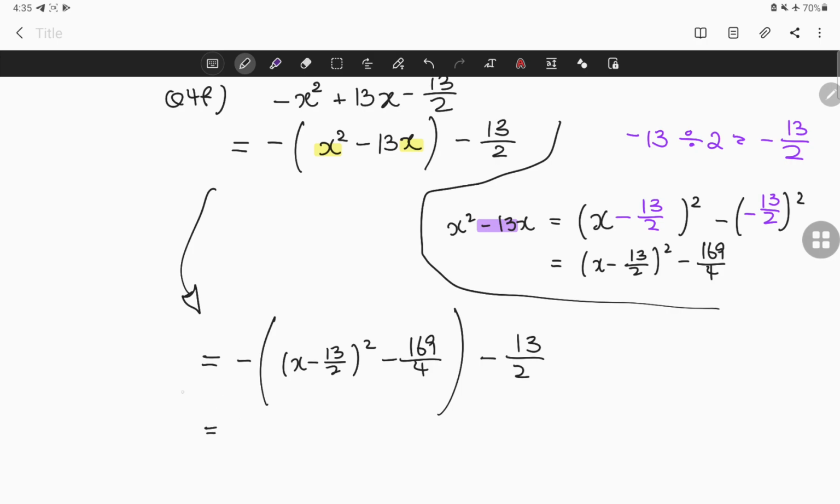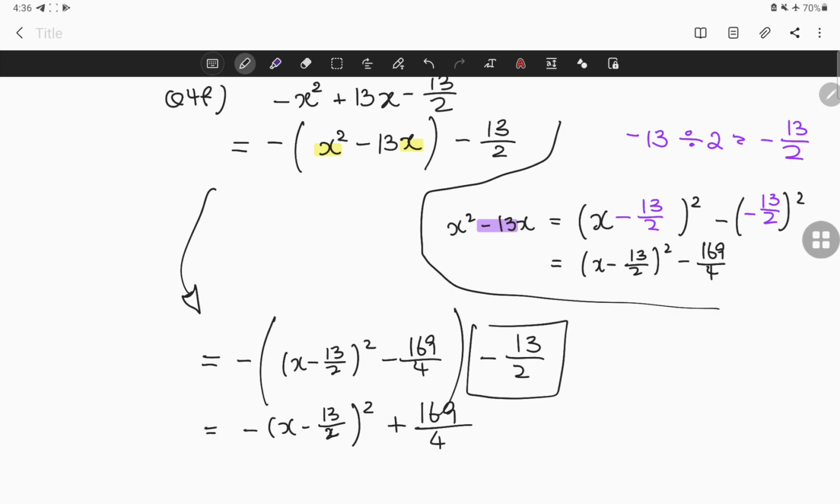We would then remove the brackets. So I will have negative multiplied by this whole thing first, which would give me negative x minus 13 over 2, the whole thing squared, and then next negative times negative, that would give me positive, so plus 169 over 4.